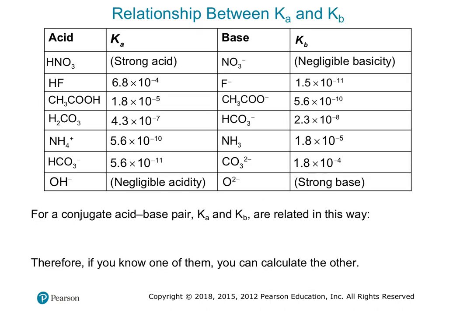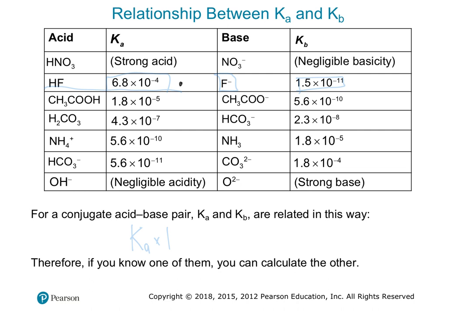And actually, you can see here are weak acids, and so here's hydrofluoric acid like we had talked about earlier. Hydrofluoric acid has a Ka value, and we can see fluoride is its conjugate base. It has a Kb value, and these two are related by this equation.